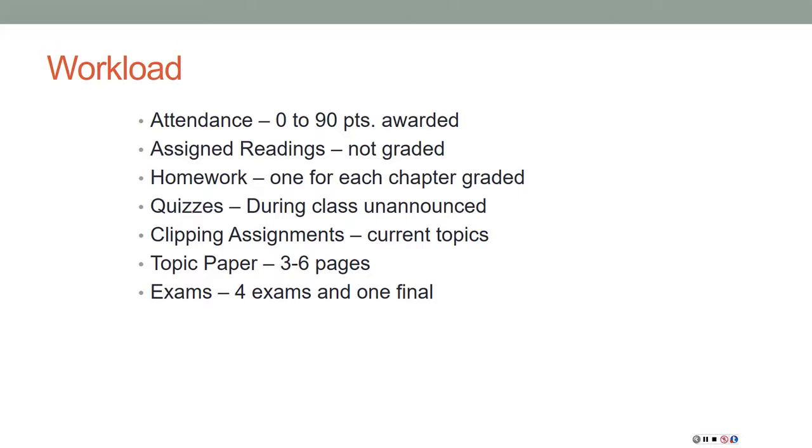The topic paper, we'll talk more about that. But it's really just 3 to 6 pages on a topic related to chemistry that you choose. It can be anything you choose at all. Some popular ones are things like global warming, alternative energy, drugs, hobbies, it kind of depends really on what you're interested in.